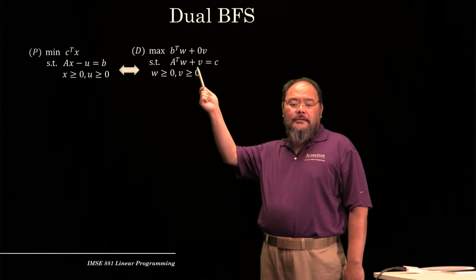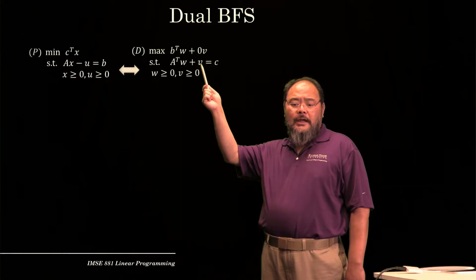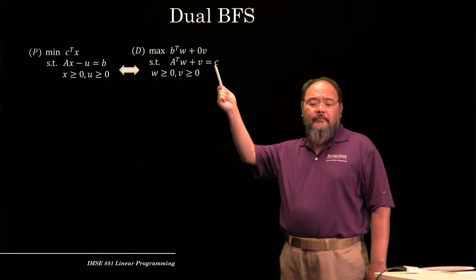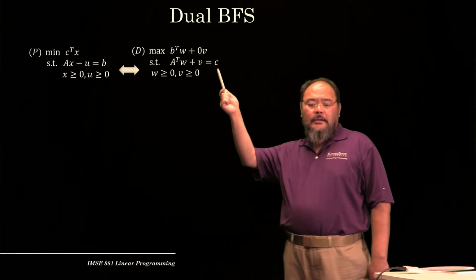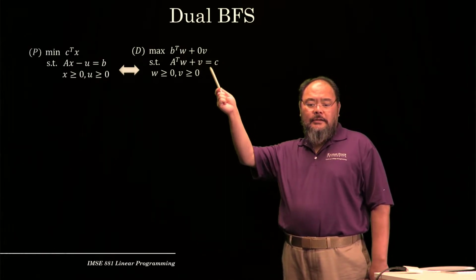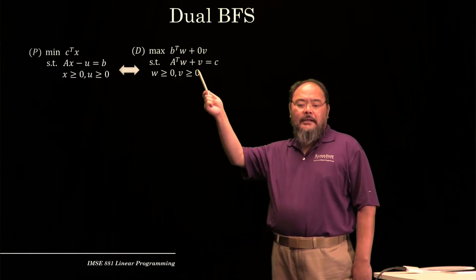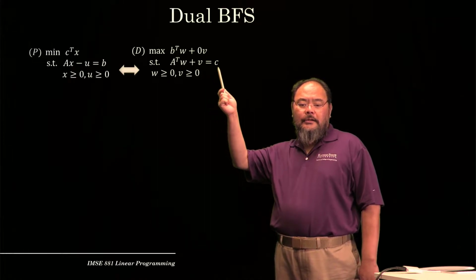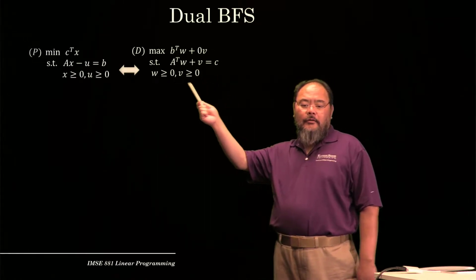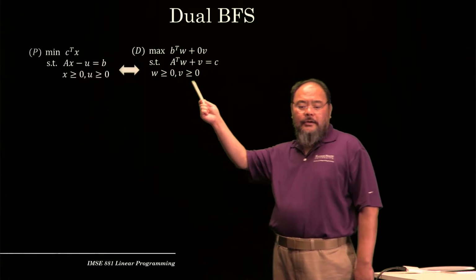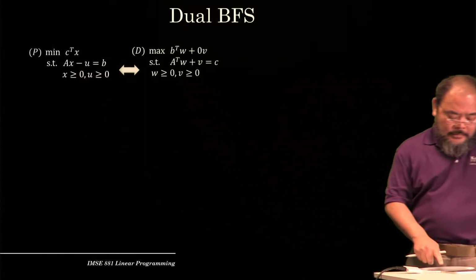V right here is the dual slack variable, and I also make it an equality constraint. Since this is the less than or equal to constraint, I am adding a slack variable V right here to make an equality constraint. Both u, omega and V are non-negative.